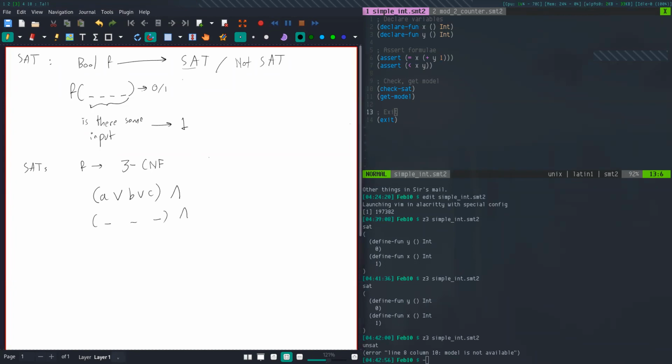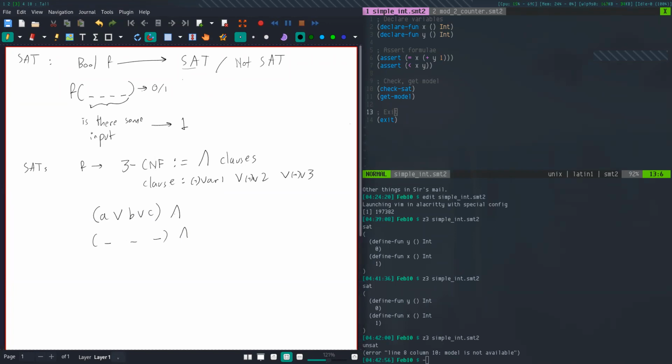So basically this 3CNF format says that the formula will be an AND of a number of clauses, right? And each one of those clauses is going to be some variable 1 or variable 2 or variable 3. And you can optionally have one of these variables negated. So it can be variable 1 or not of variable 1 or not of variable 2 or not of variable 3.